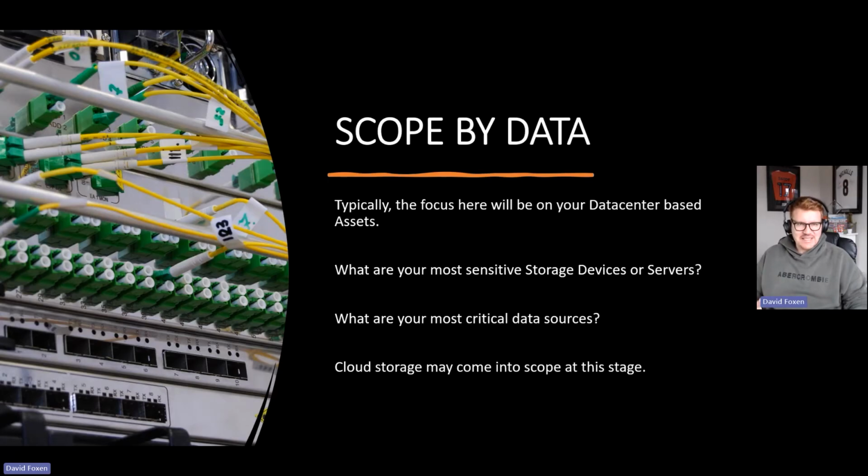This is typically where your data center assets are, of course, things like all of your servers that store your financial information, maybe even pension servers, even just general servers that support critical applications that make your organization run. You may go, okay, that's the key focus for us. That's where we're going to start. We're going to scope our hardware asset management function by where the key data is stored within our organization.